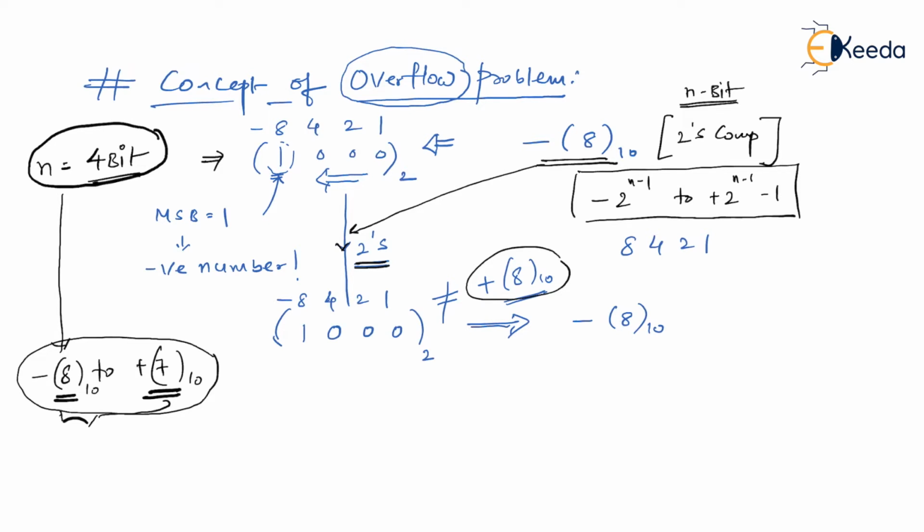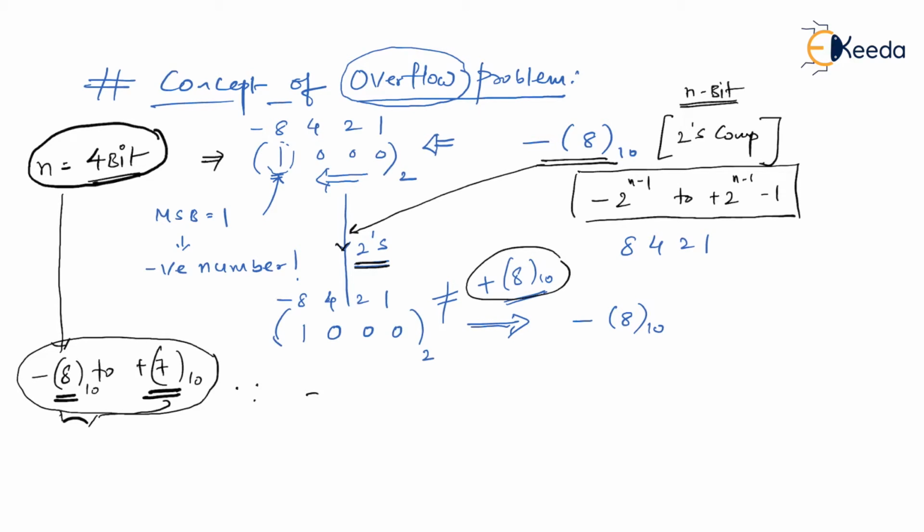Logically, of course, whenever you take the complement of minus 8, you must get plus 8. But in this case, since the size of the number was 4 bit, the capacity of 4 bits is to represent minus 8 to plus 7. You are trying to represent plus 8, which is not within the specified range. So you have overflown the range, and therefore you are not getting the exact value.